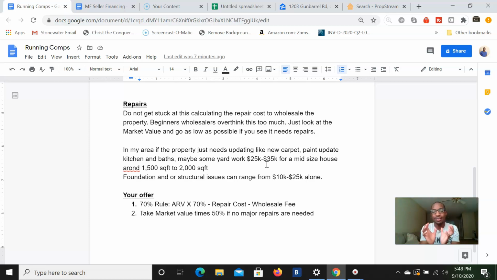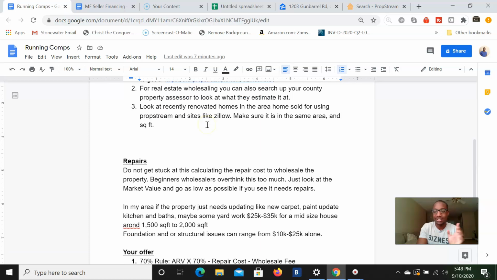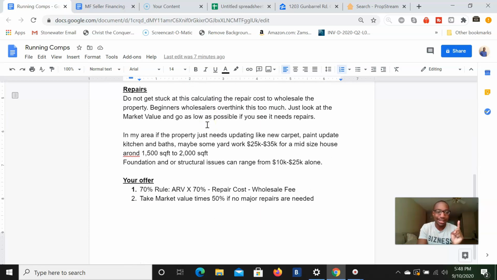But don't think about this so much, right? I know it's hard to say, but at the end of the day, you just want to get the property lower than what we saw as the market value, much lower, and we're going to talk about that right now. So your offer, we often use the 70% rule. I'm just going to quickly go over this, but this is like a quote unquote rule because it's not actually a rule that you have to live by or die by, right?